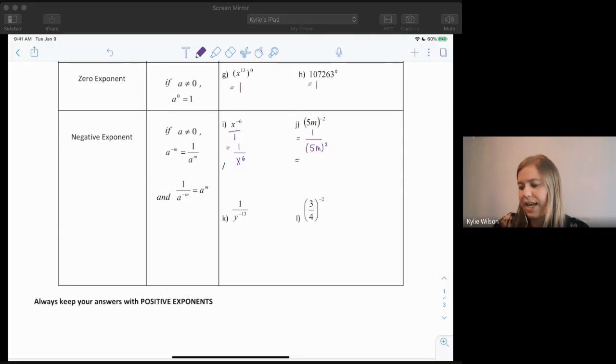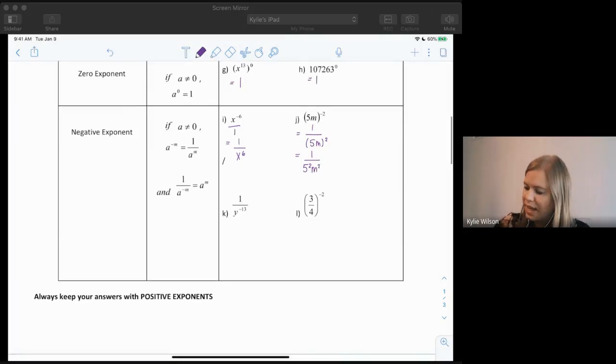Similarly to that example above, we need to make sure that the 2 for that power of a power rule goes on both. So we'll have 5 squared, m squared like this. And that will give us 1/25 m squared. And that would be our simplified answer.